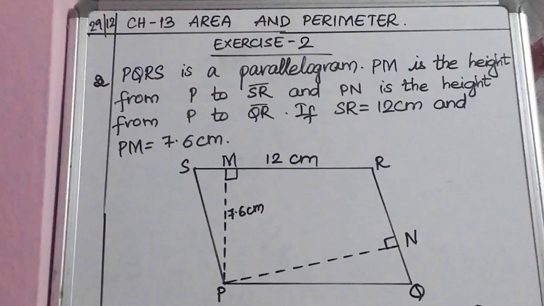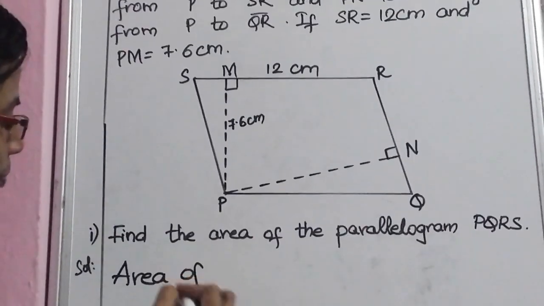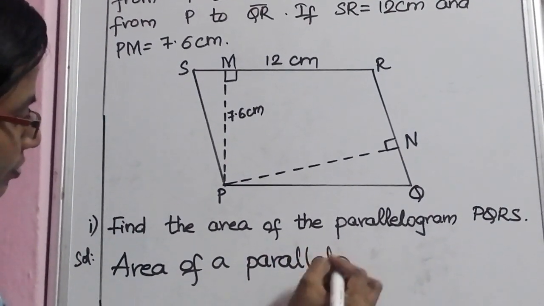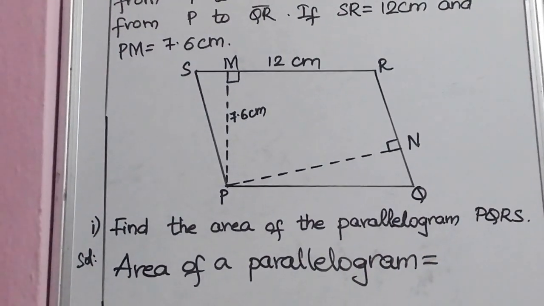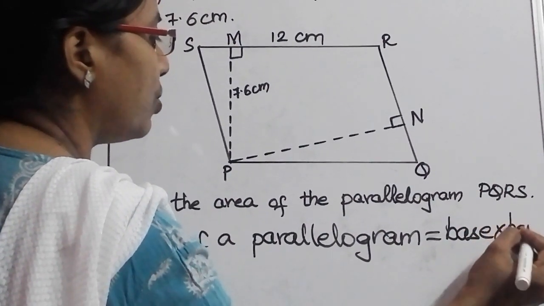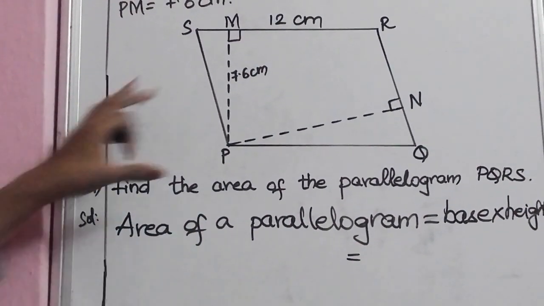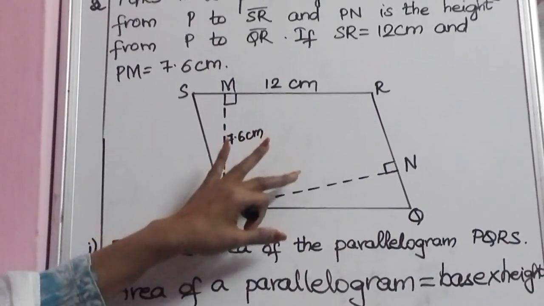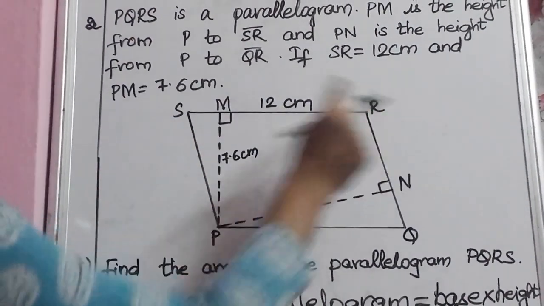What is the formula for finding out the area of a parallelogram? Area of a parallelogram is equal to base into height. So here you can see that the PN measure is not given, whereas the measures for PM and SR are both given.